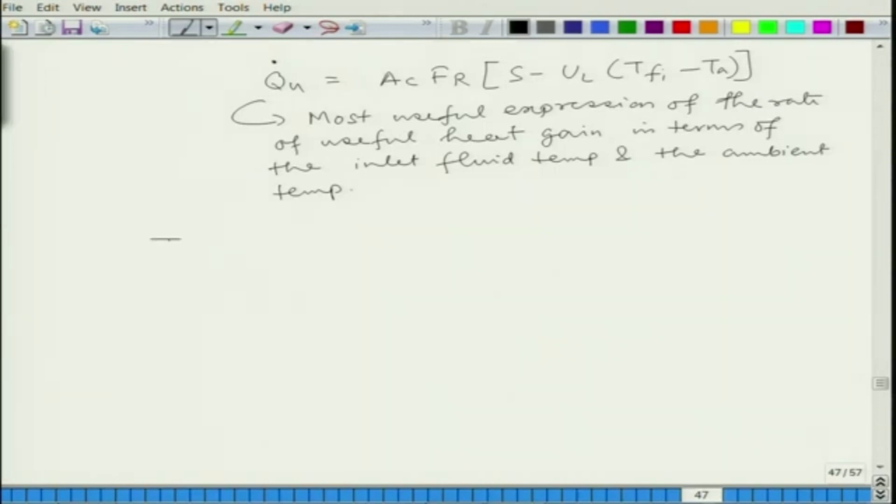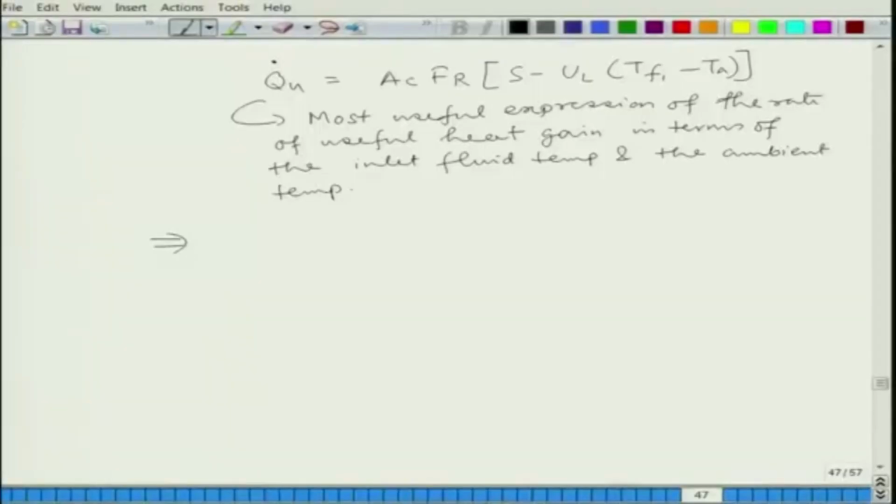Okay. So, here I want to bring your attention to the heat exchanger theory that you have learnt in your heat transfer courses. There you have seen that there was one quantity called heat transfer effectiveness.